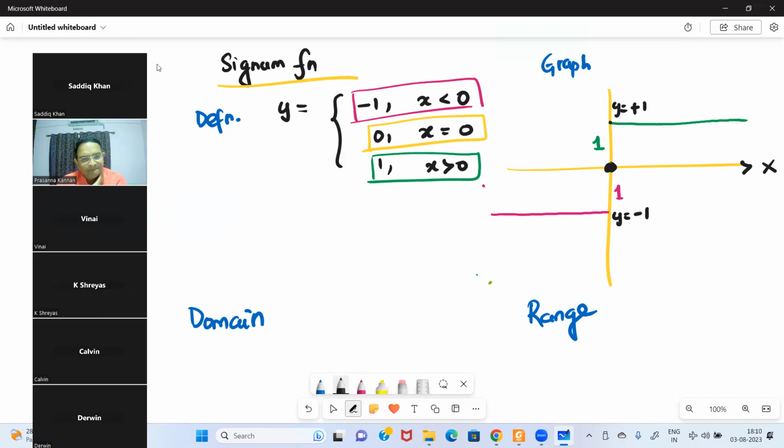Domain is the set of values x will take. So what all values x can take? Any restriction is there or not? No restriction. That means what values x can take? If there is no restriction on the values of x, then what all values x can take? Come on, tell me.